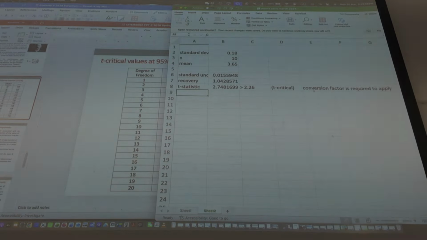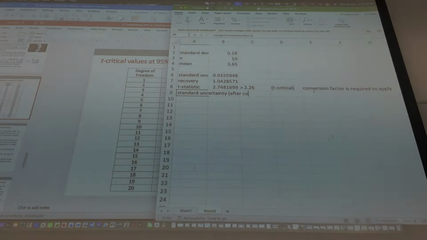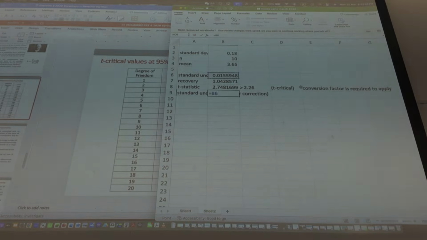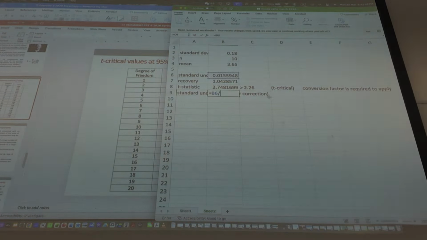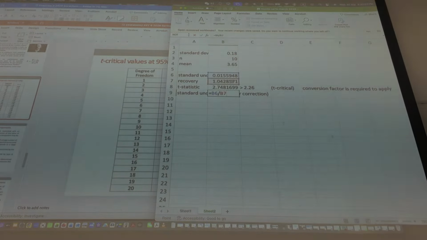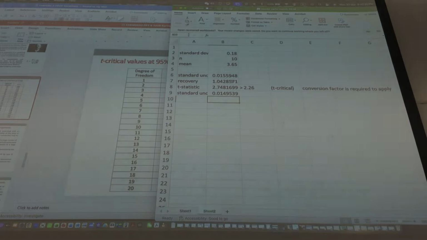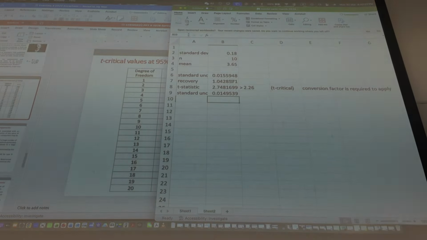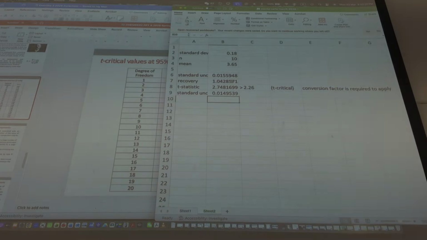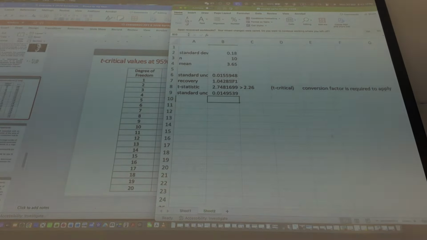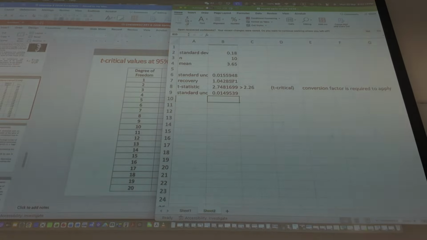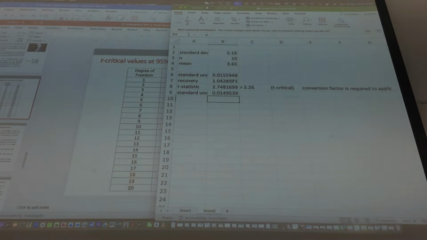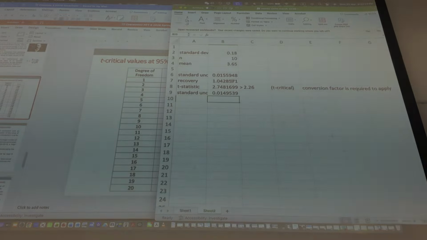And so the uncertainty after the correction will equal the original uncertainty divided by the correction factor. So after corrections, the uncertainty for bias, okay, that will be the answer for the bias.